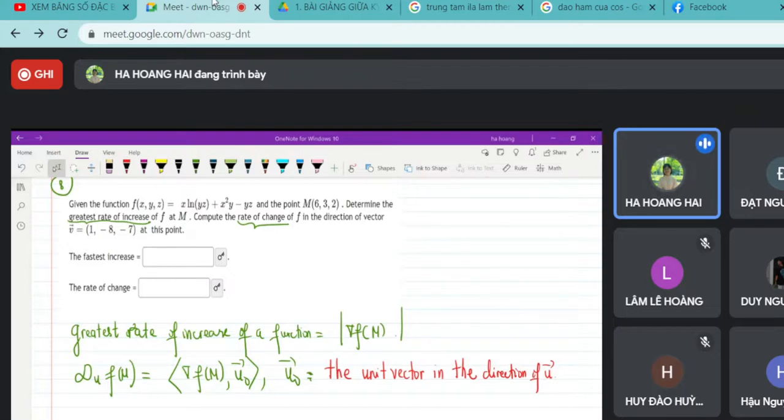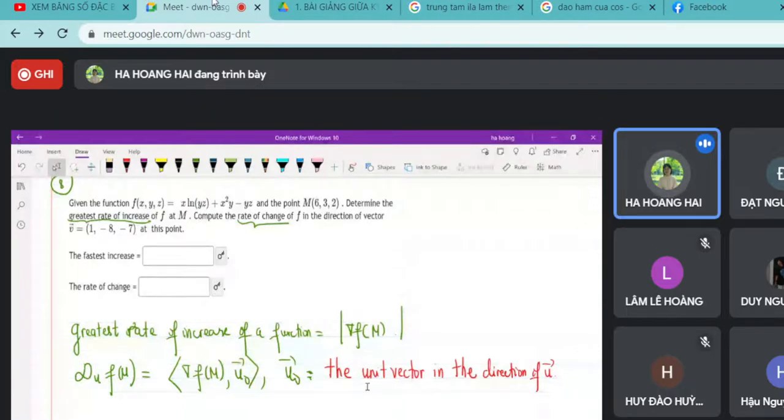Okay, so do you get the answer, class? In the first question, we need to find the gradient of f at M, right?